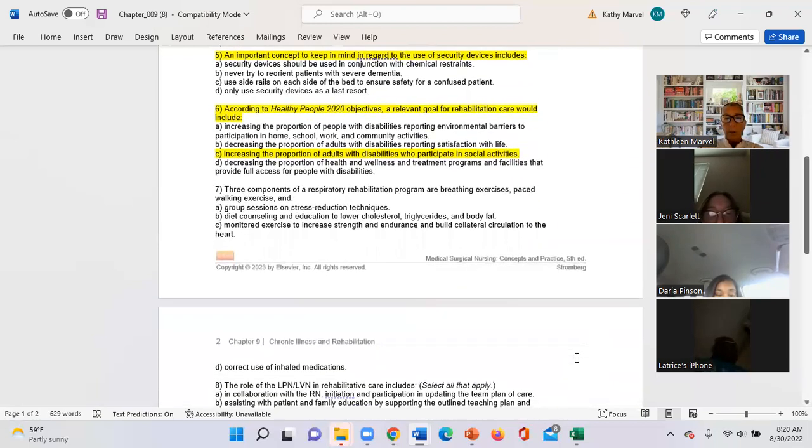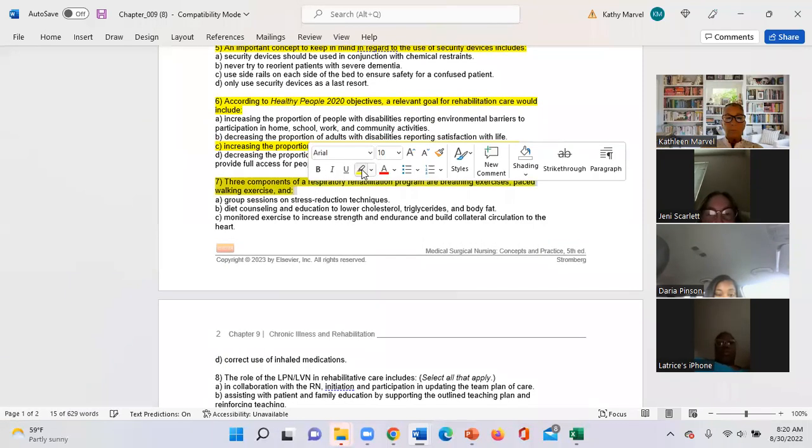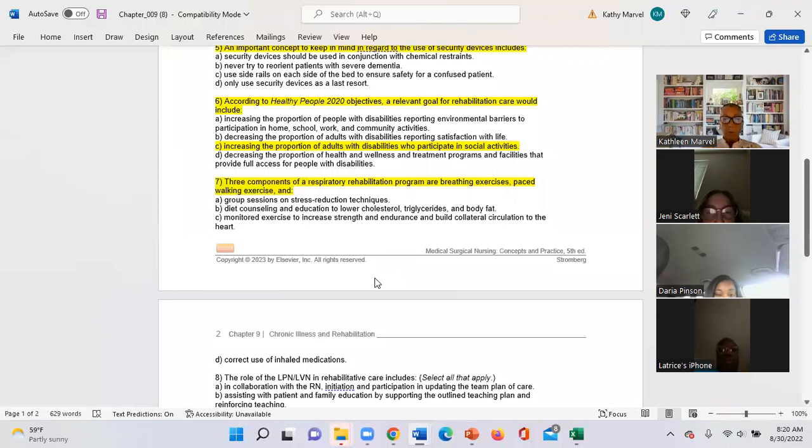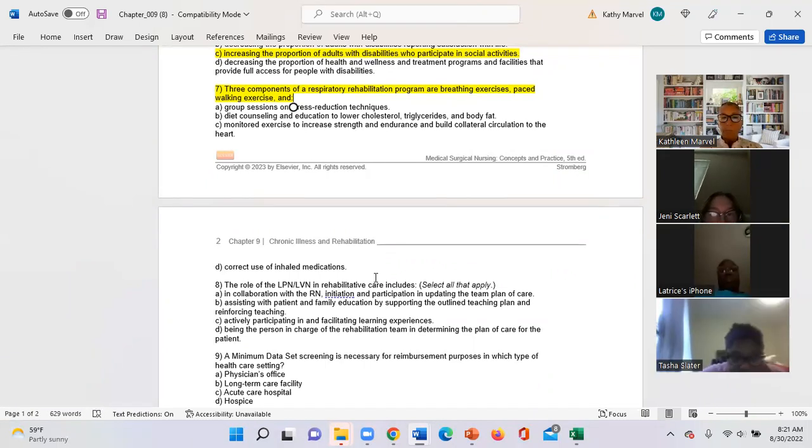Okay, so what about number 7? D is down on the next page. Would it be C? C is not the correct answer.